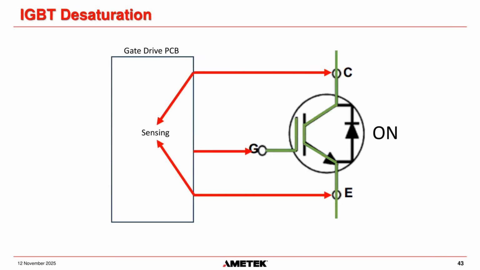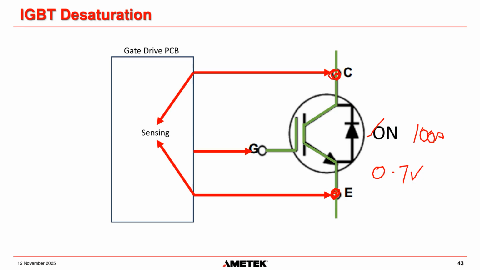So if the IGBT is on in its normal region, once again, if it's a 100 amp IGBT and we are less than 100 amps, then we know that the voltage between the collector and emitter should be within the correct parameters. Let's say, for example, that should be 0.7 volts.